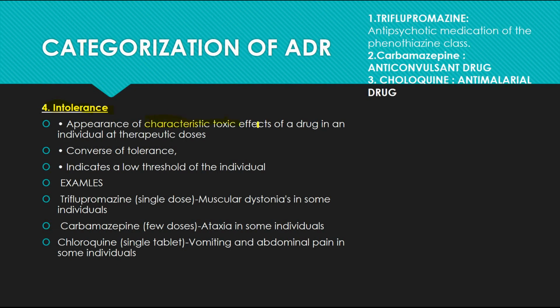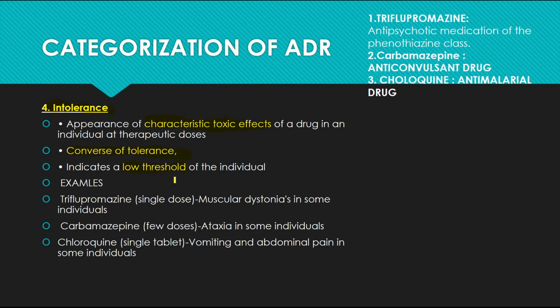The words characteristic toxic effect are the key words, the converse of tolerance, which means intolerance is being highlighted. And it indicates a low threshold, meaning the therapeutic effect is low, or low benefit is seen. So these are the three key points.